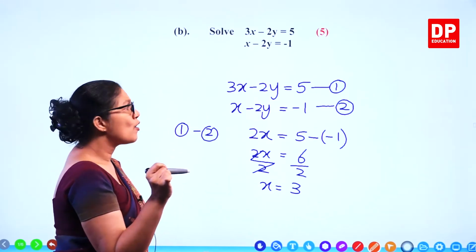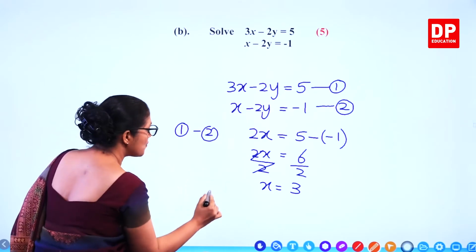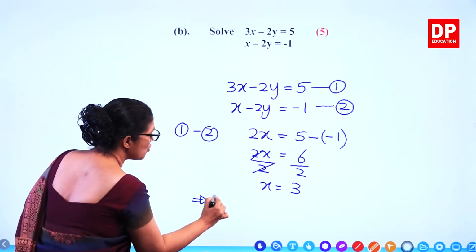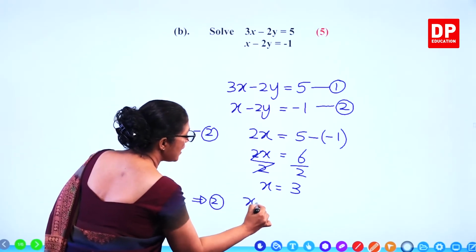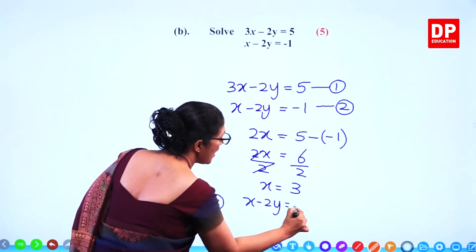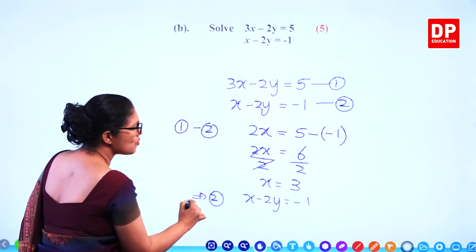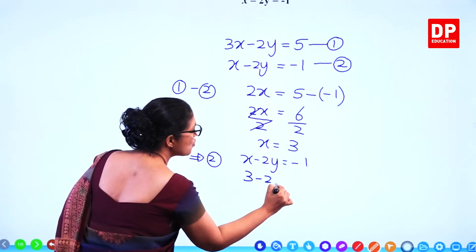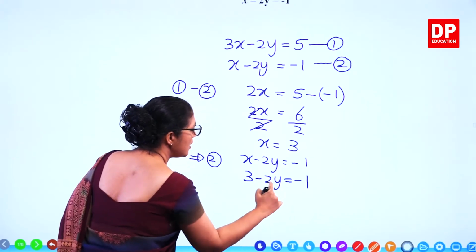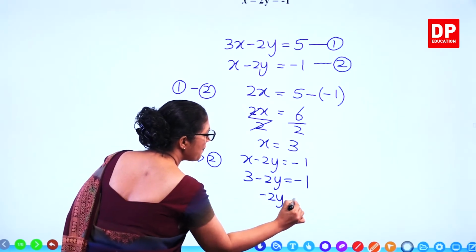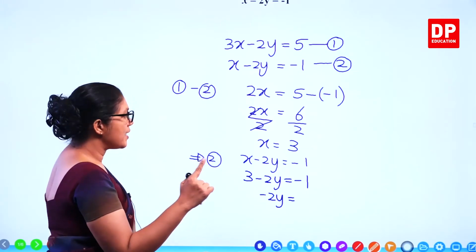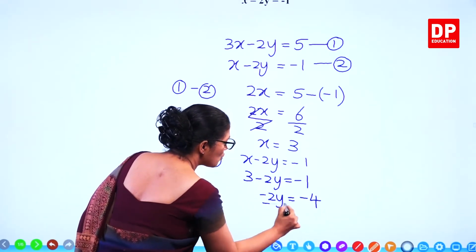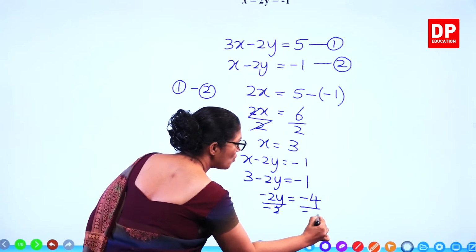Now how we find out the y value? So you can substitute to one of the equations. We will take equation number 2. X minus 2y equals minus 1. Now substitute. X is 3. 3 minus 2y equals minus 1. So what is minus 2y? Take 3 to the other side. Minus 1 minus 3. So you get minus 4 there. So divide by minus 2.